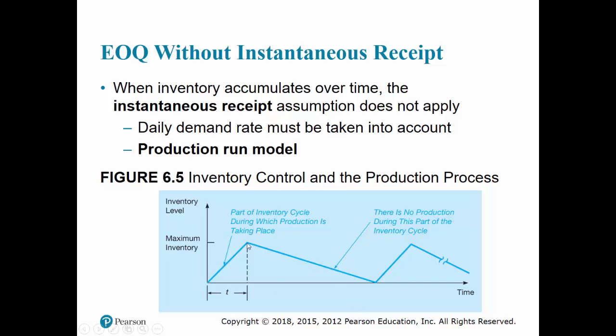The same happens here in reverse. You start with I sub max and you end with 0. So I sub max plus 0 divided by 2 will be the average inventory in this phase of the inventory cycle. So for the entire inventory cycle, I sub max divided by 2 is the average inventory, and that would be the case for one cycle after the next.